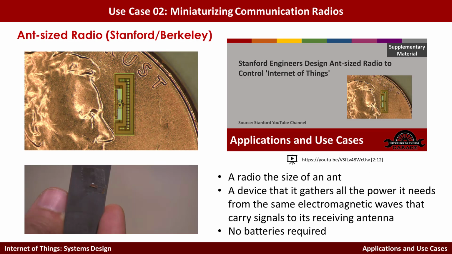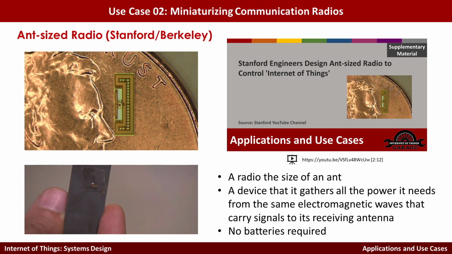This use case is about a very, very small ant-sized radio developed by Stanford and Berkeley. From the image, you can see that the small radio is put on a small coin, so you can see that it's very, very small compared to the thumb. They call this the radio of an ant. The device is self-powered.